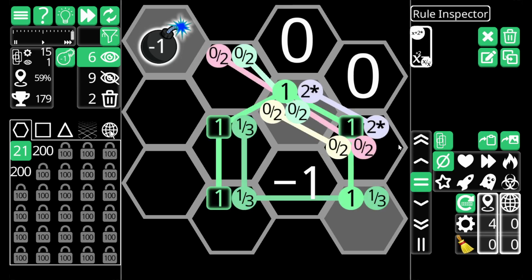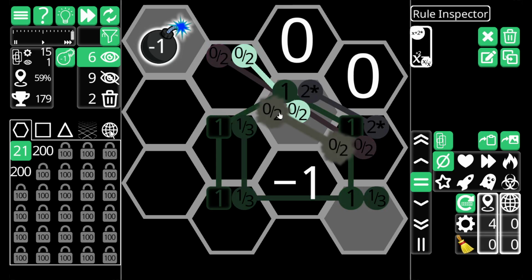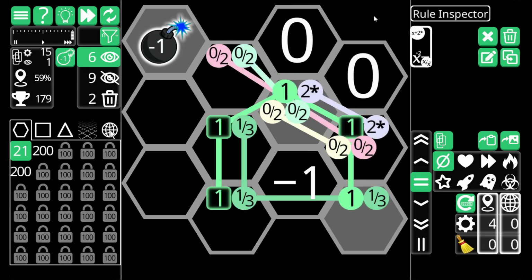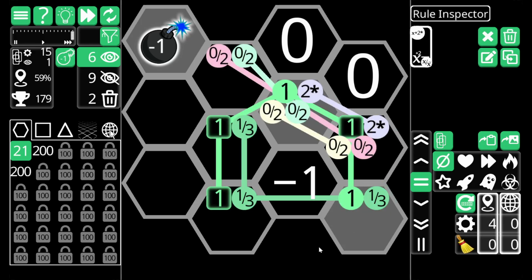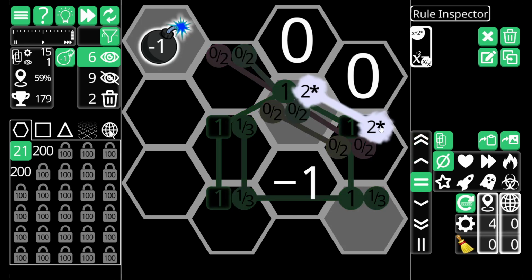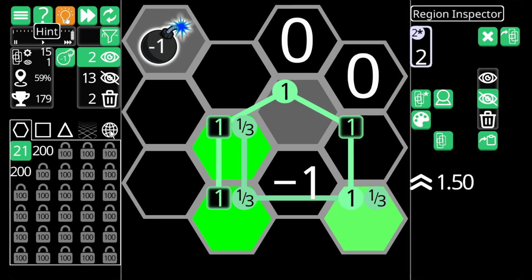Oh. That's interesting. Isn't this overlap kind of useful somehow? Maybe. So I can hide this region now. I'm sure the puzzle's still solvable. Yes.